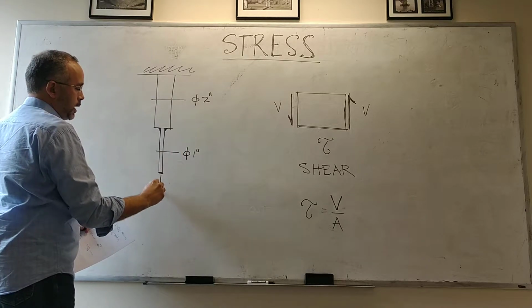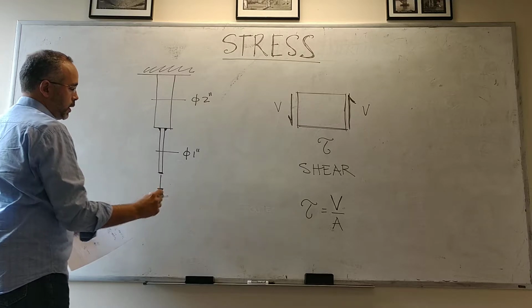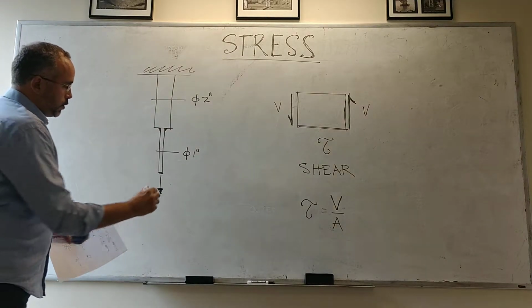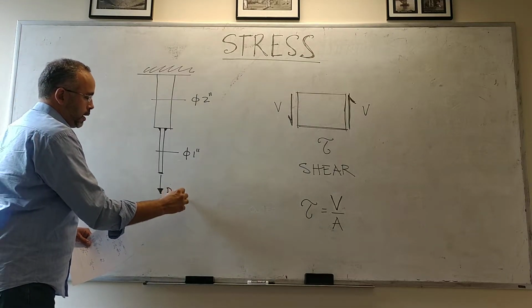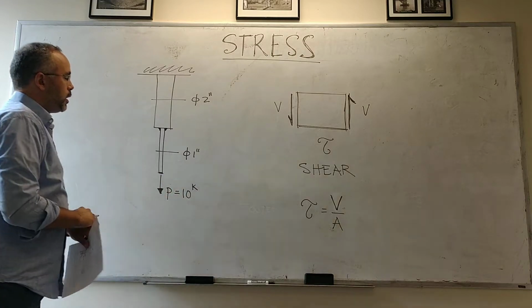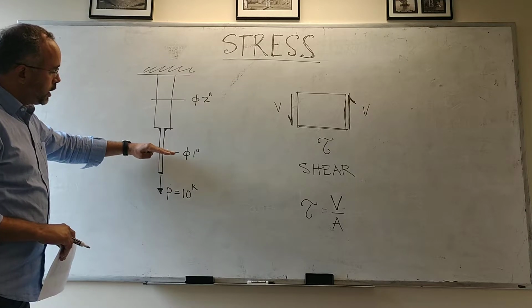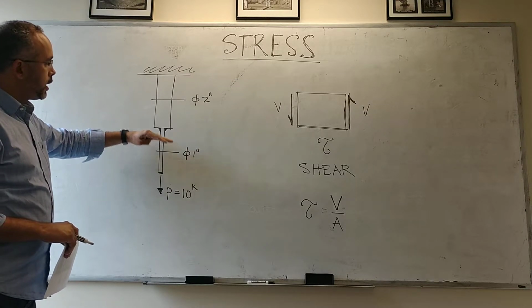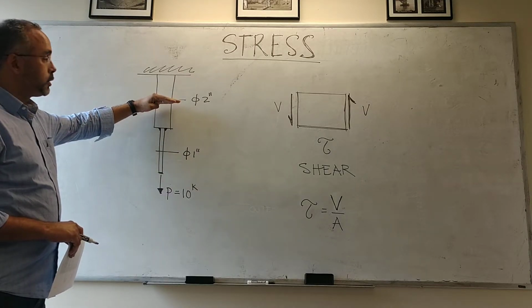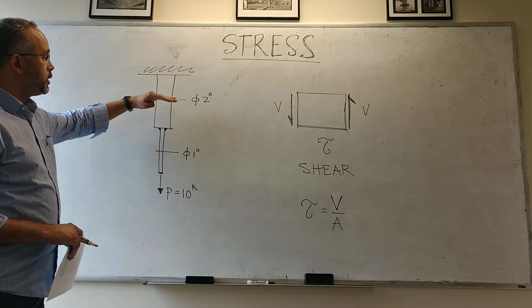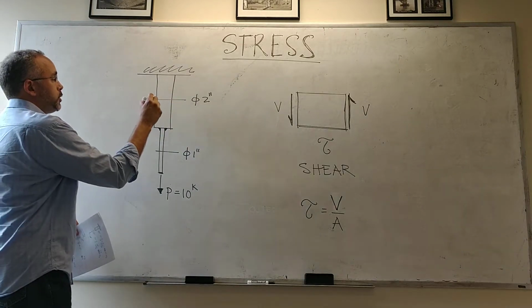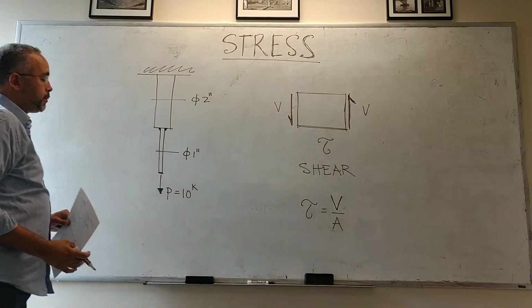And at the end here, this is subjected to a force P of 10 kips. We are interested in computing the normal stress through this cross-section, and then the normal stress through this cross-section. This cross-section is larger, so it will have lower stress. This one will have higher stress.